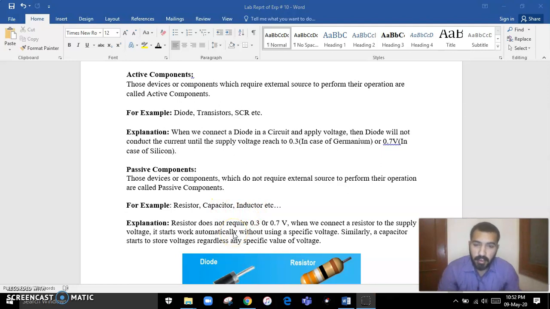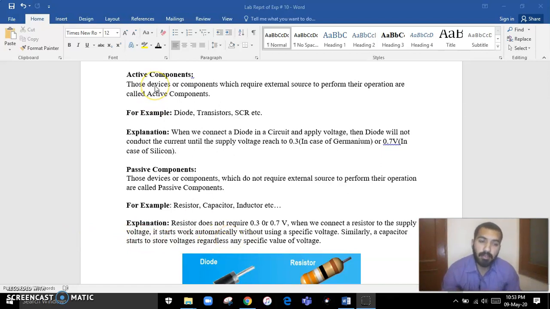The resistor does not require a specific 0.3 or 0.7 volts. When we connect a resistor to the supply voltage, it starts working automatically without any specific voltage. Similarly, a capacitor, when we turn on the voltages, starts to store those voltages regardless of any specific value.